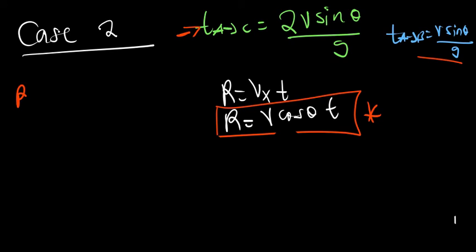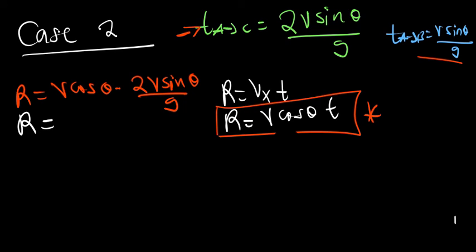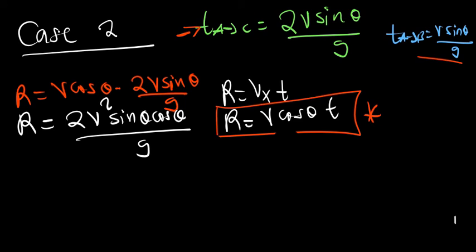So R is equal to V cos theta times T, and we know that T is given by 2 V sin theta divided by G. R will be equal to, if I do V times V, I'll get 2 V squared, cos theta and sin theta, divided by G. When you reach trig under math, and I believe I'm the one who is going to teach you trig, you are going to discover that 2 sin theta cos theta is an identity which is replaced by sin 2 theta.